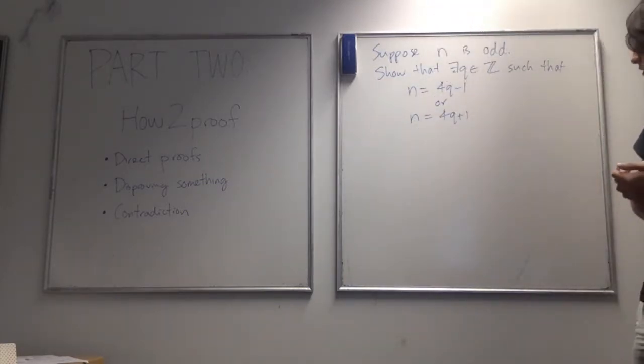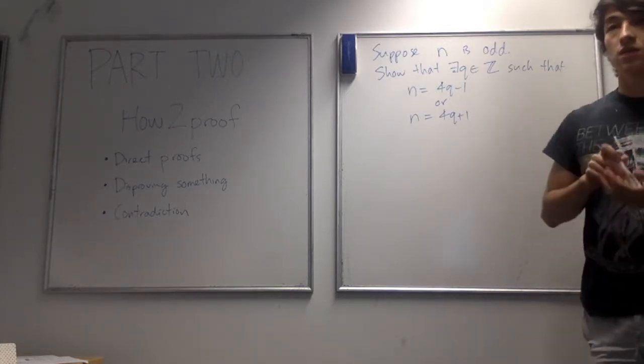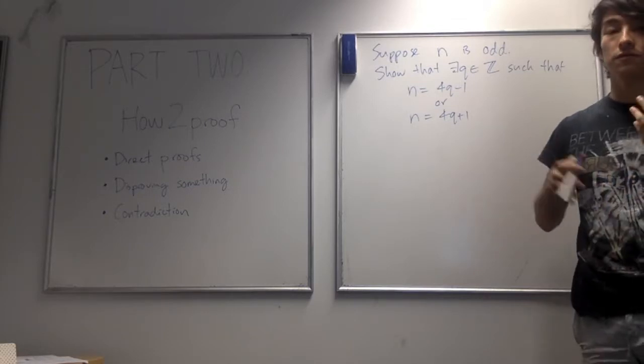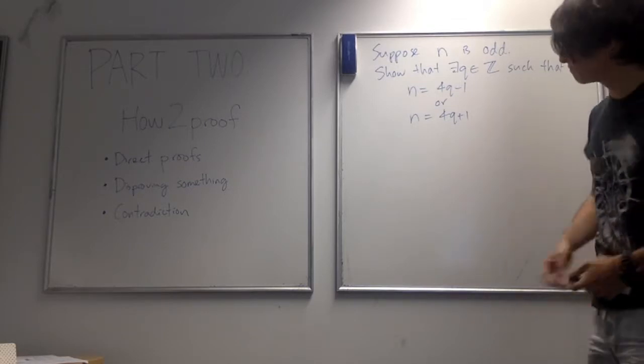Right? So given some odd number n, we want to find a q so that n equals 4q minus 1 or n equals 4q plus 1. So first I'll give an example of a proof which is wrong, and I'll say why it's wrong, and then I'll give an example of a proof which is correct. Okay.